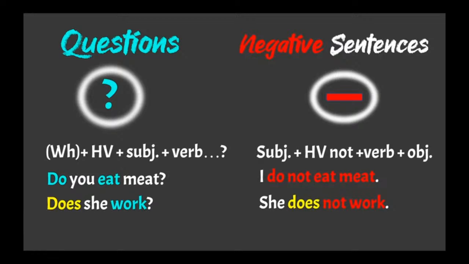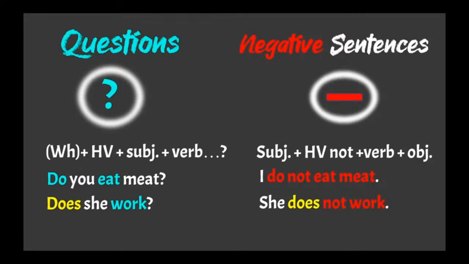And then we need the verb. For example, do you eat meat? For the third person singular would be does she work? So does she work, not do she work, okay? Does she work?